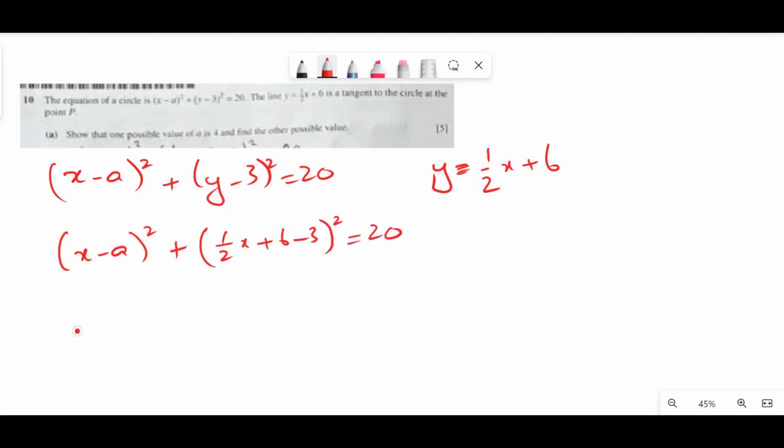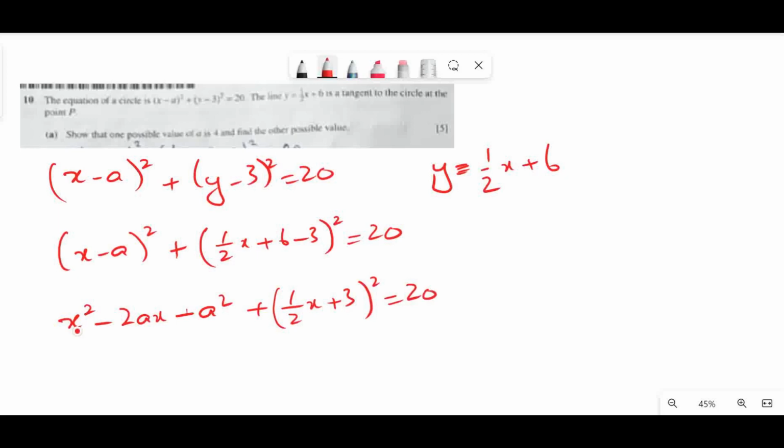Now we can use a square minus 2ab plus b square. Let's simplify first. This will be 1 by 2x plus 3 whole square is equal to 20.